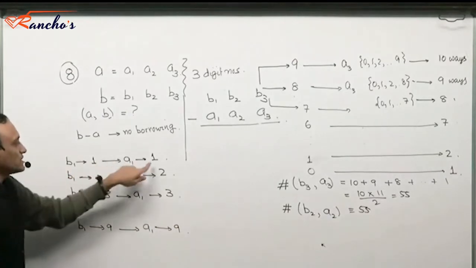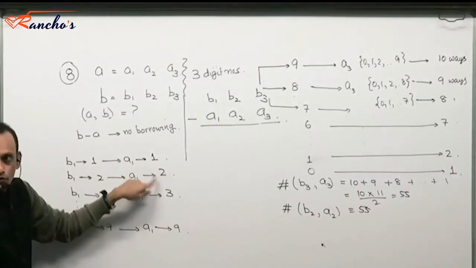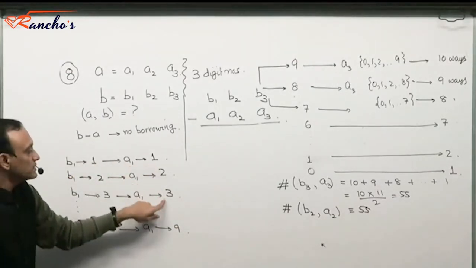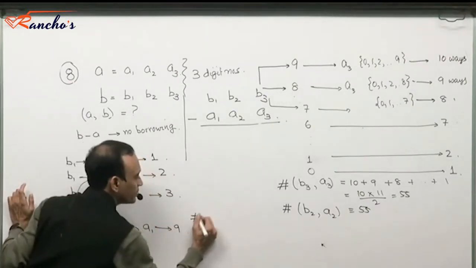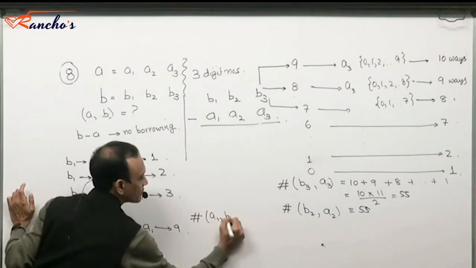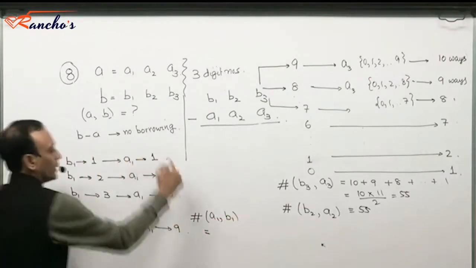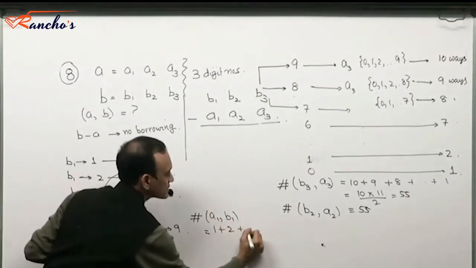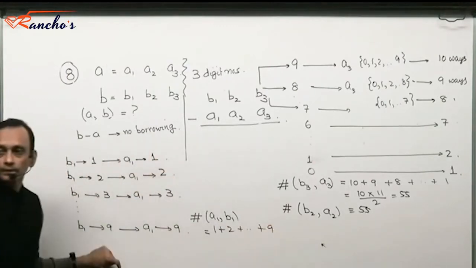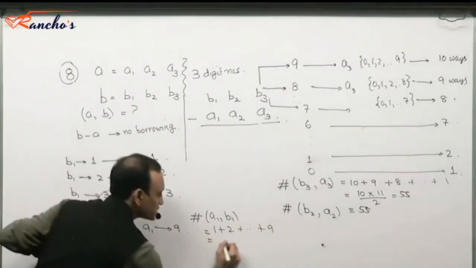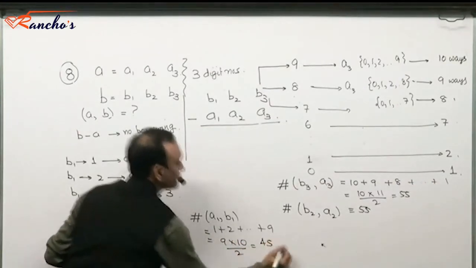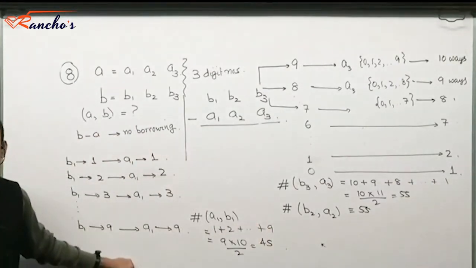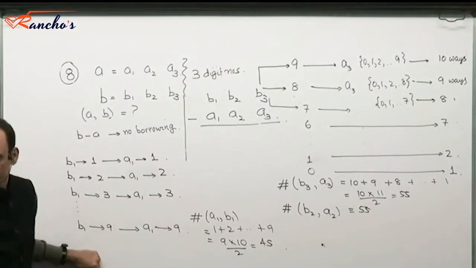Right? So there is 1 a1 b1 pair from here, 2 pairs, 3, up to 9. So how many a1 b1 pairs? Number of a1 b1 pairs is going to be 1 plus 2 up to 9, right? Which makes it 9 into 10 by 2, 45. Yes or no? Yeah, 45, right?